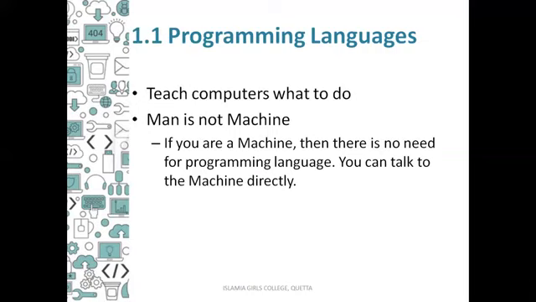Programming languages are the helping tool which teach the computer what to do. And we need programming languages because man is not a machine. If you were a machine, then there would be no need for a programming language. You could talk directly to the computer, but obviously you are not a machine. This means you will need some programming language so that you can give instructions to the computer, develop some software, or develop some program to make the computer understand what you want to do with your data.